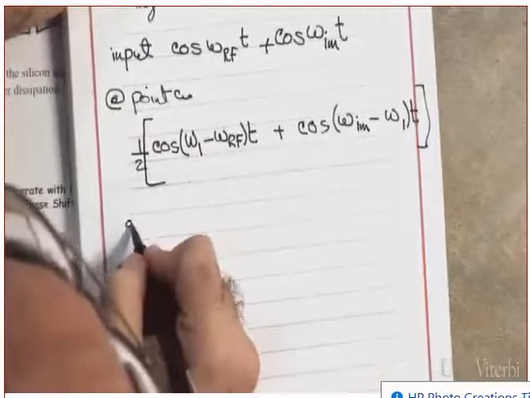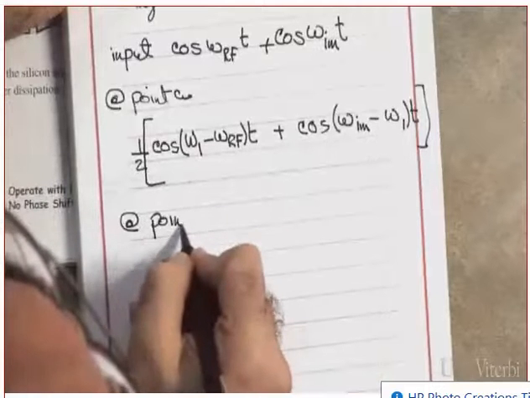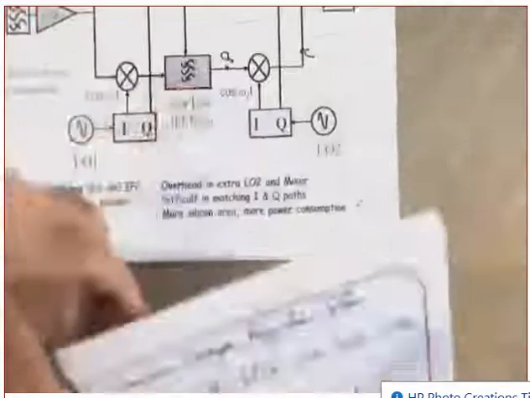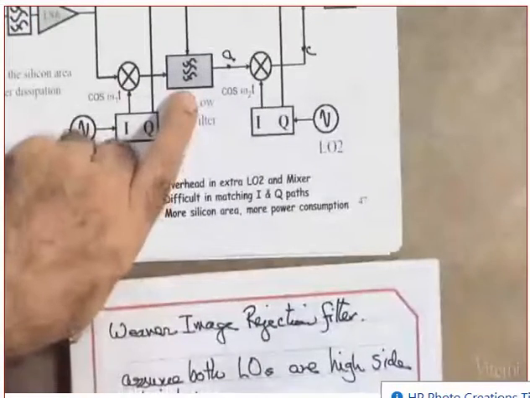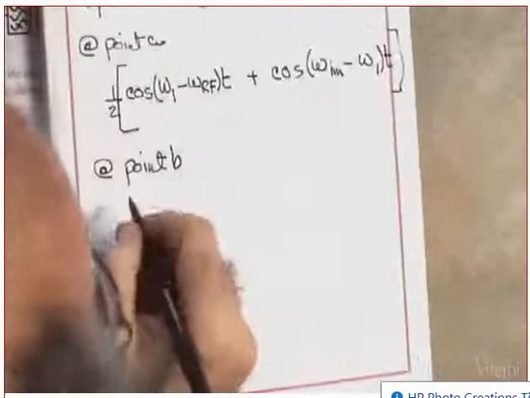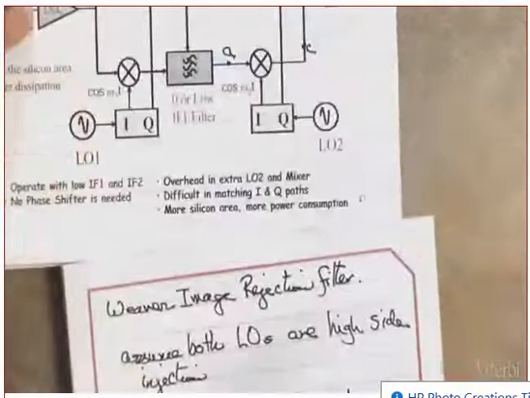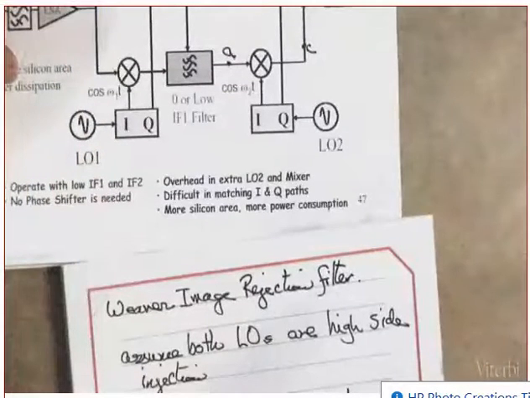Okay, at point B. Again, the sum gets rid of this one here. At B, what do I have? 1/2. Remember, I have cosine sine.